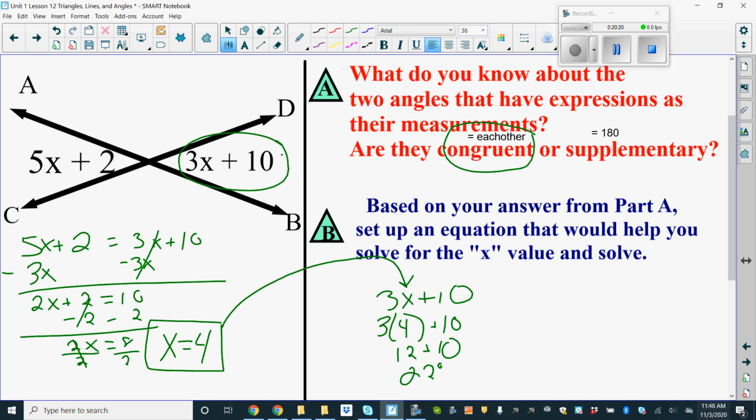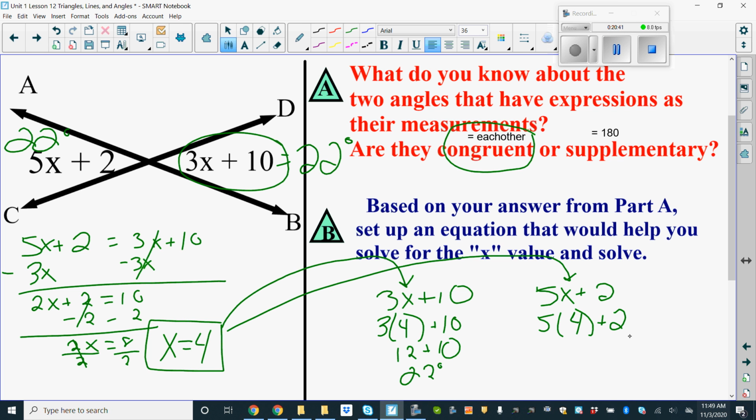If we know this is 22 degrees, we know that the other angle should be 22 degrees. But if you want to check your work, let's just make sure. Take 5x plus 2. You say, okay, I'm going to substitute that in. 5 times 4 plus 2. 20 plus 2 is 22 degrees. And we know they're equal to each other, so that is correct.